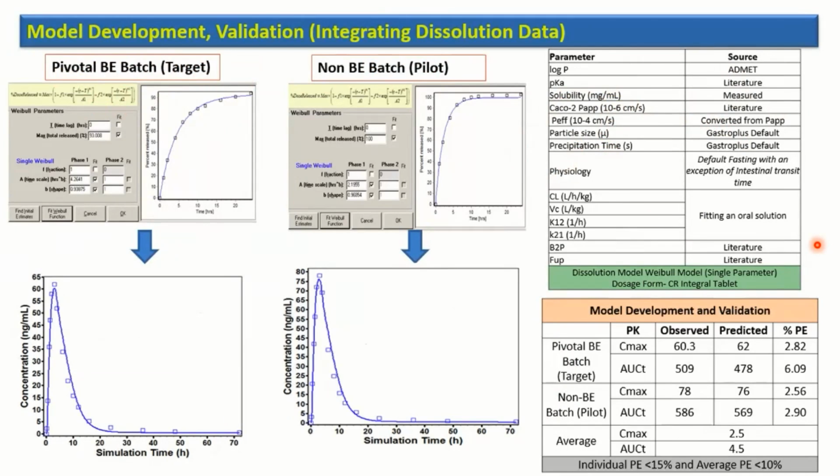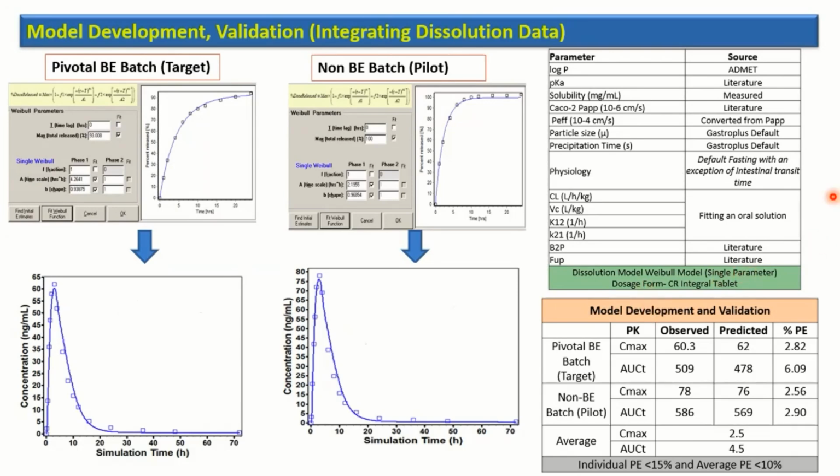The effective permeability was calculated from the apparent permeability from in vitro Caco-2 data. The intestinal transit time was altered from the default values in order to capture the Tmax and Cmax accurately, to capture the prolonged absorption of the modified release dosage form, and this was justified from the literature.